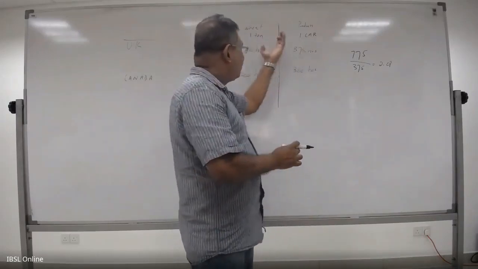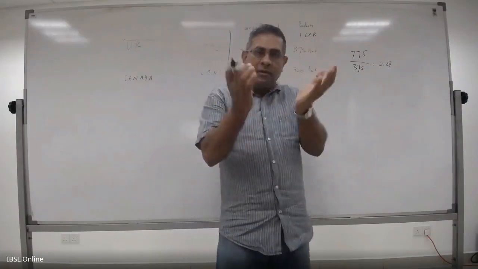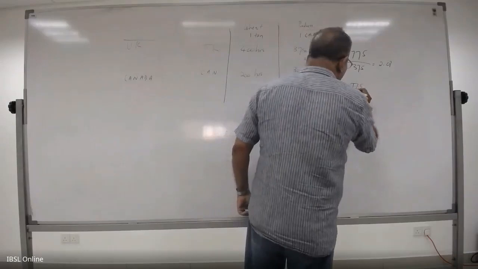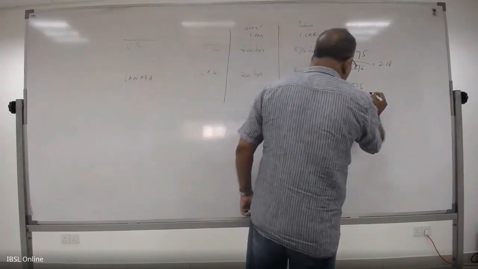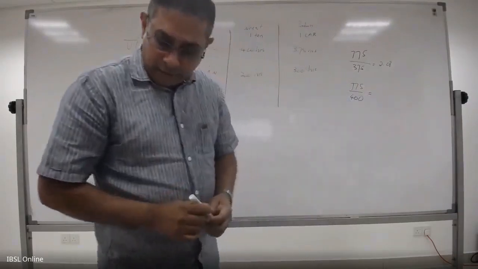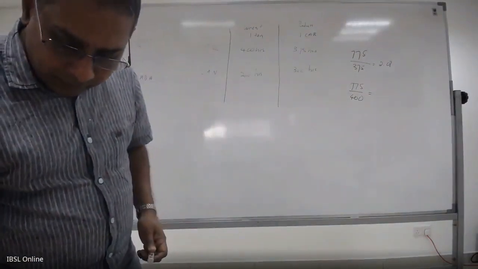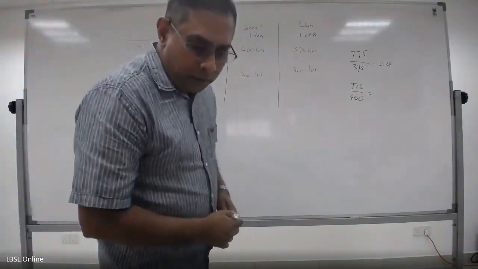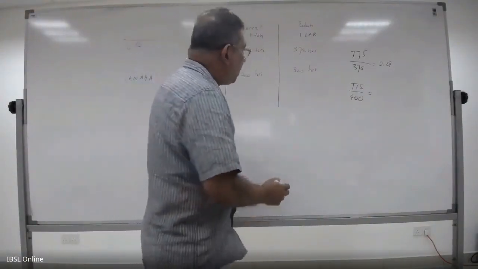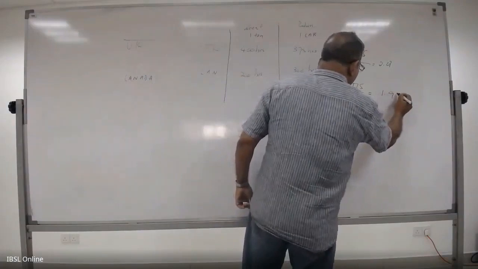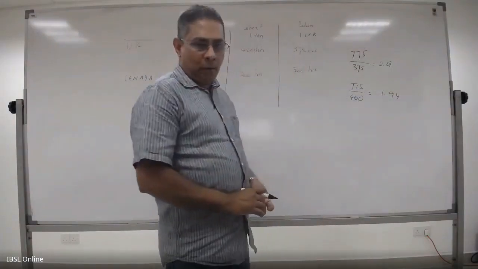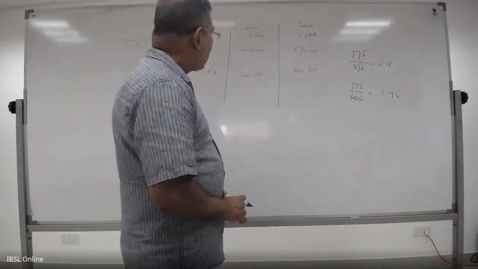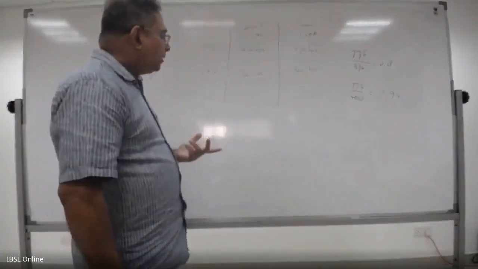The 375 goes here, so the full labor hours will be 775. 775 divided by 400, you get 1.94, approximately, to two decimal points. 1.94, right? So when you trade, what happens?